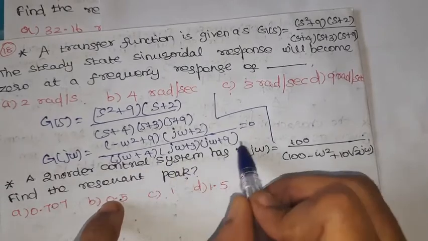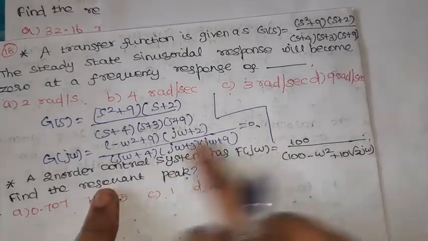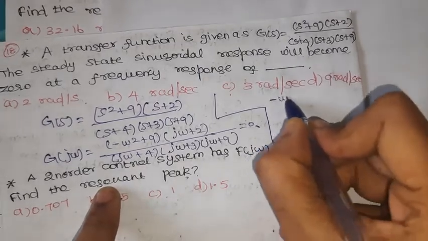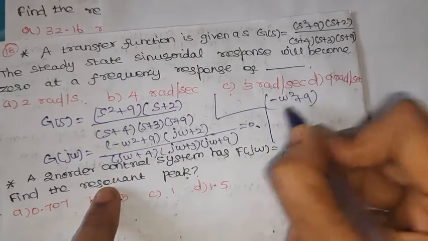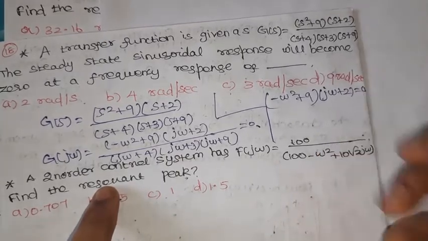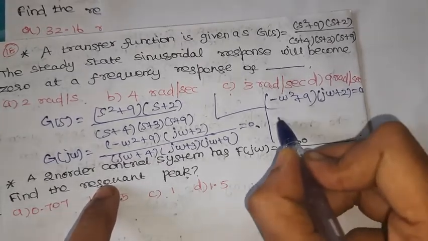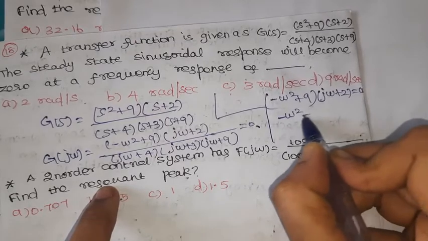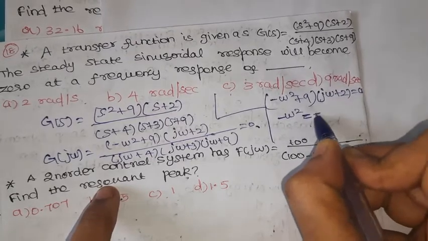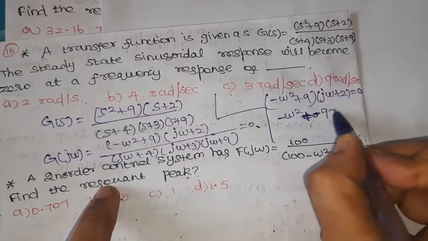Cross multiplying, the denominator term goes away, so equating the numerator term to 0: (minus omega squared + 9)(j omega + 2) equal to 0. Either this term is equal to 0 or this term should be equal to 0. Take minus omega squared plus 9 equal to 0.